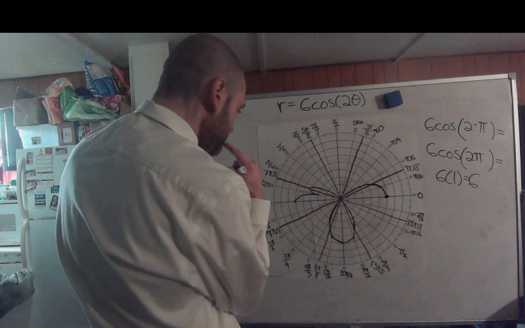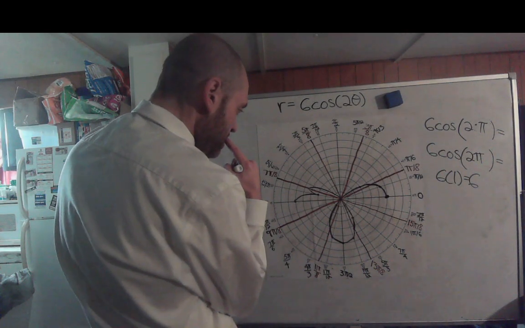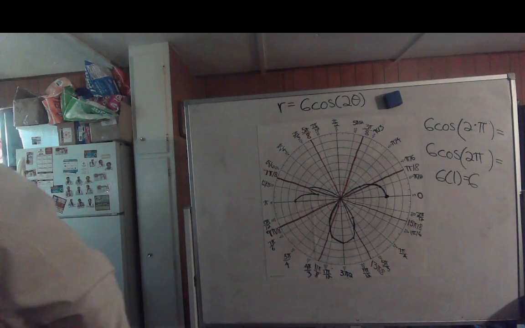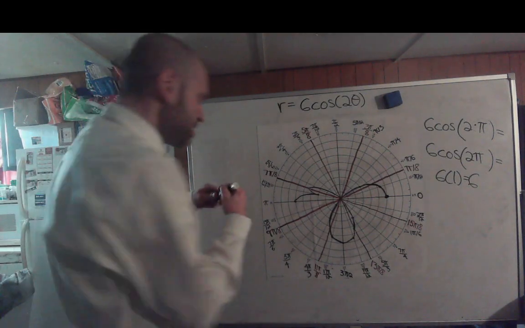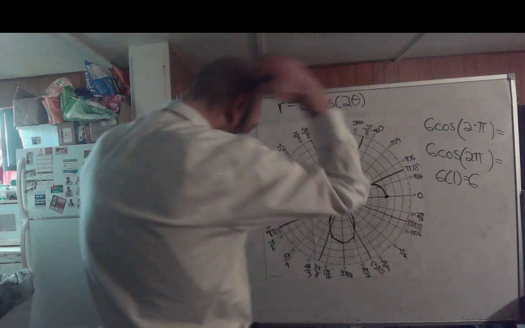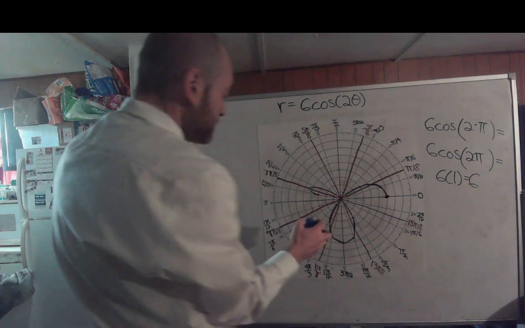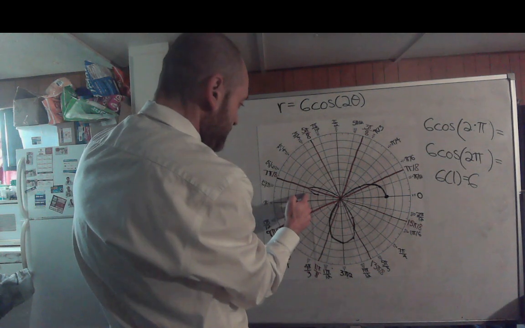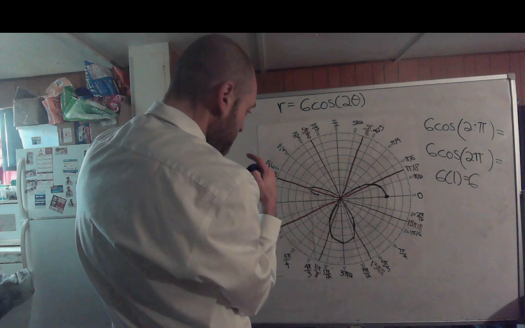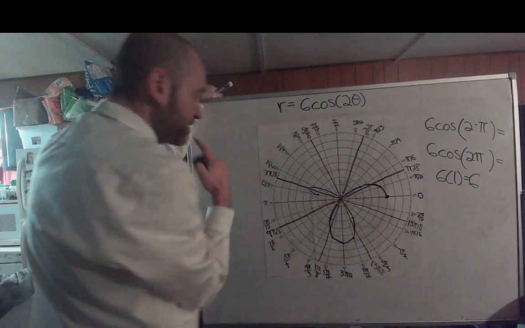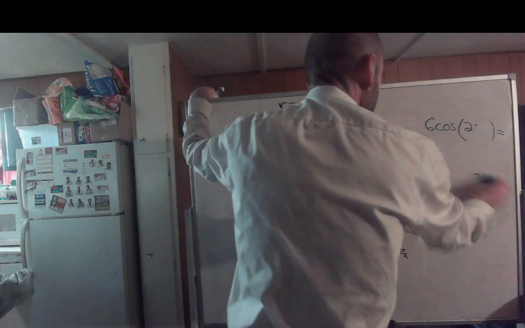And then at 13 pi over 12. Hold on, I want to retrace this. You see, if you're not careful, this can really throw you off. 7 pi over 4 was right. 7 pi over 8 was right. I don't think we did 5 pi over 6. You know what? It just occurred to me I skipped a value. That would explain it.